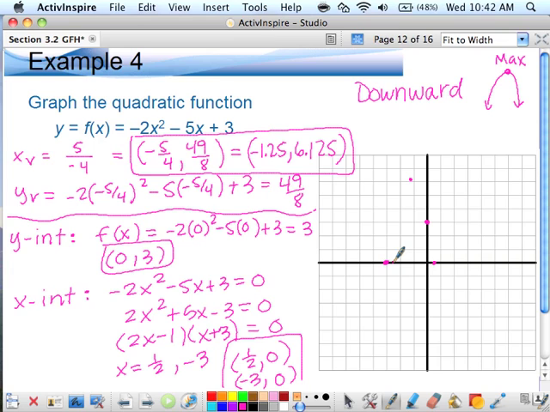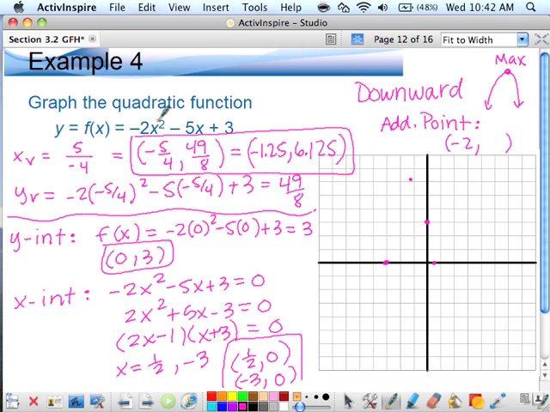Could you guys take a minute and go substitute negative 2 in and tell me what y value goes with it for our additional point? So if we substitute negative 2 into the original, what do we get? Well, let's see.